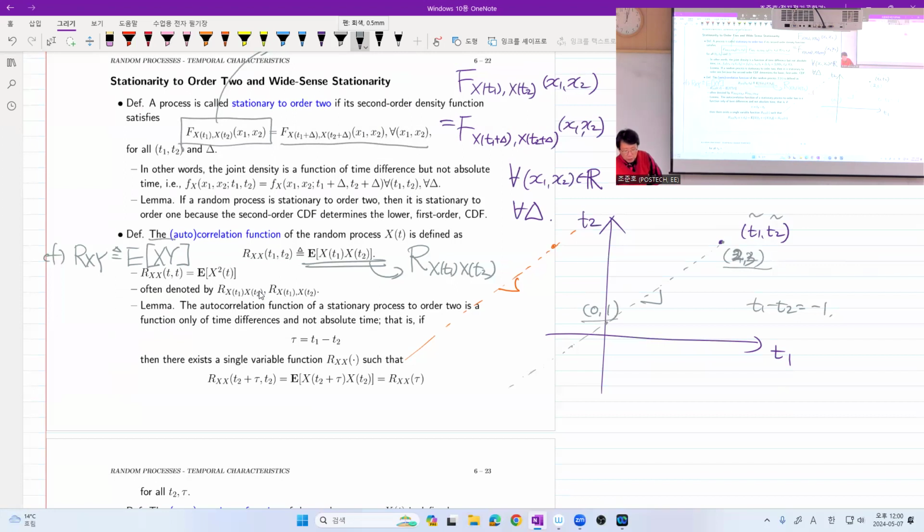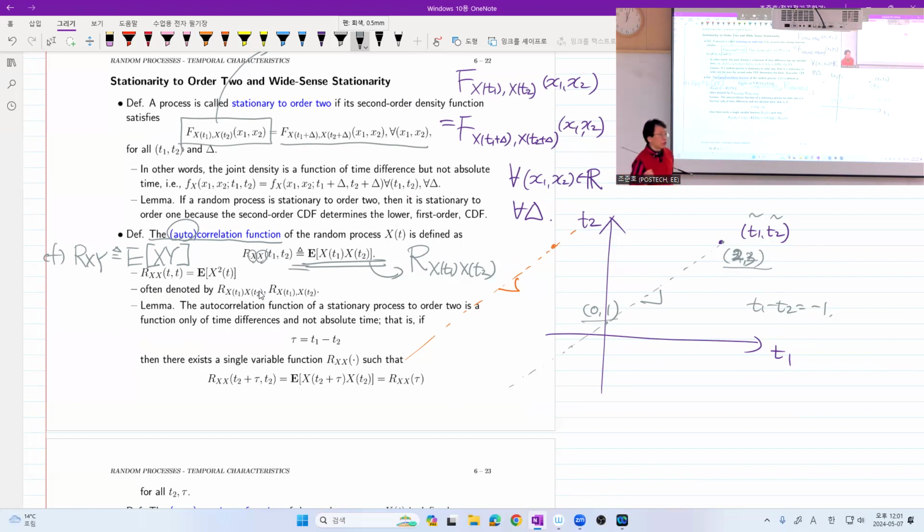It's called the autocorrelation function. Here, auto comes because you have a single random process X. So from one random process, you have two random variables. In that sense, it's called auto. What if you have two random processes sampled at different times, X of T1 and Y of T2? In that case, their correlation is called the cross-correlation function. Anyway, so here goes the definition.